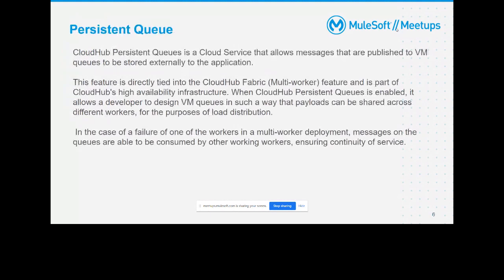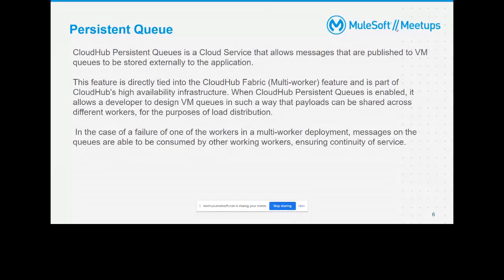So what is a persistent queue? A persistent queue is a cloud service that allows messages published to a VM queue to be stored externally to the application. What does this mean? When you deploy any application in CloudHub that has a VM connector, if you enable the persistent queue option, it will create a queue externally to the application.